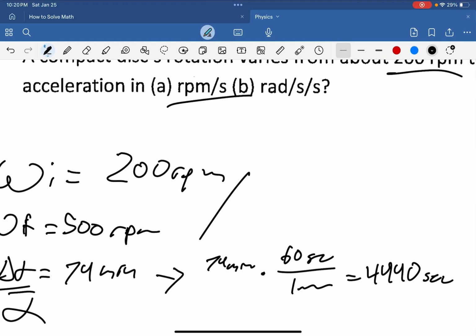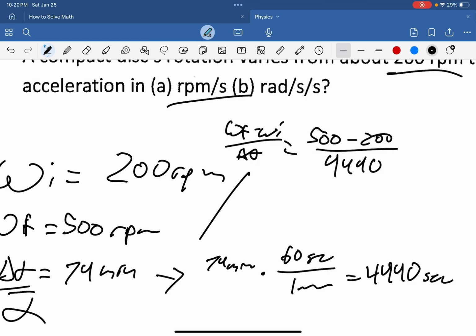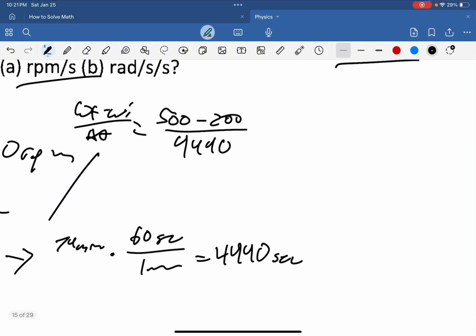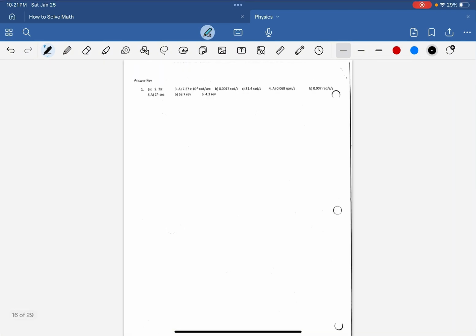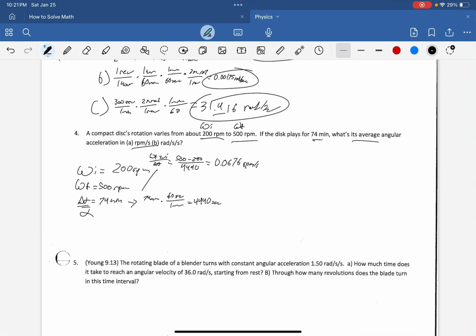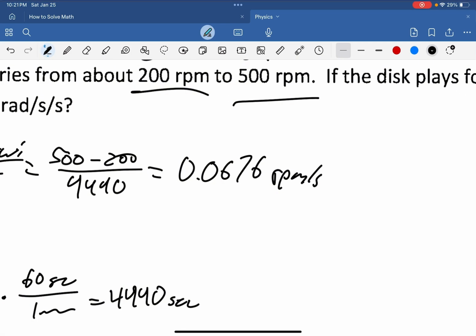So instead, we're actually going to use 500 minus 200, because omega F minus omega I over change in time, so over 4,440 seconds, which means we're going to get 300 divided by 4,440, 0.0676 RPM per second, right? Yeah, I just didn't round until later, but yeah, boom.